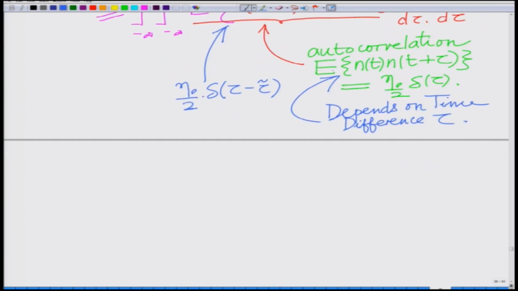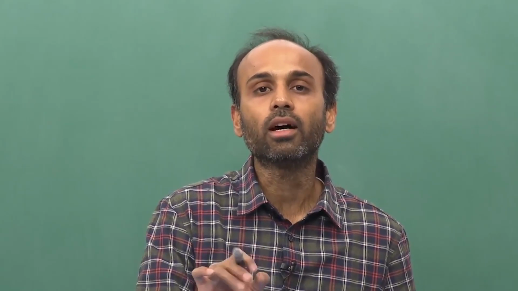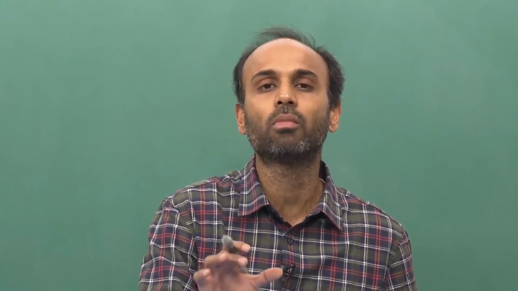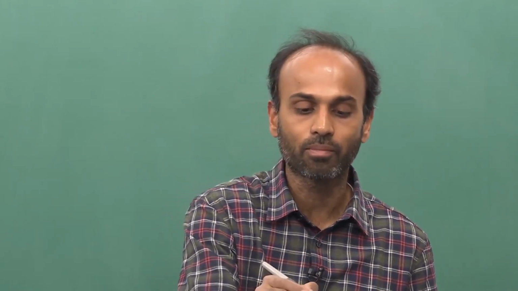So, we have used the property of the wide sense stationarity of the noise process n to simplify the expected value of n(t − τ) into n(t − τ̃). That is simply η over 2 times delta of the time difference, that is (t − τ̃) minus (t − τ), which is basically τ − τ̃. So, basically it depends only on the time difference, and that gives us something very interesting.